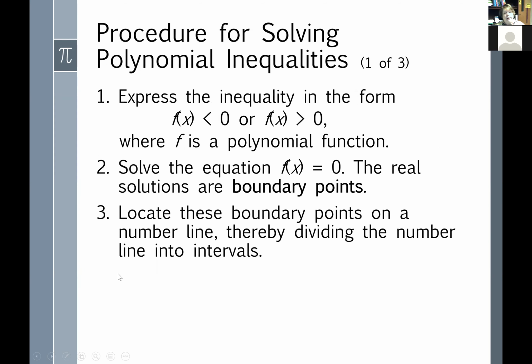Okay, so here is our procedure for solving polynomial inequalities. First of all, get the polynomial on one side of the inequality symbol and 0 on the other. Then you're going to solve the equation f of x equals 0. So you take your function, set it equal to 0, solve that equation, and that gives you what are called boundary points.